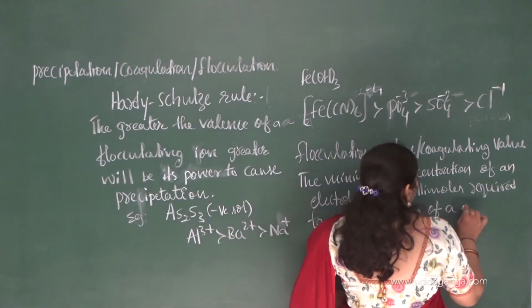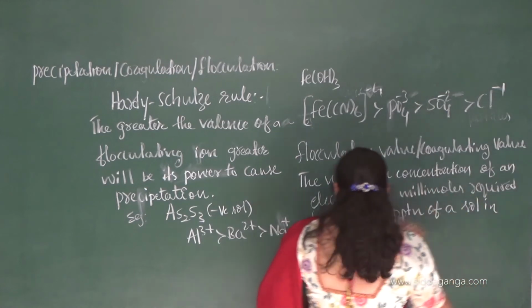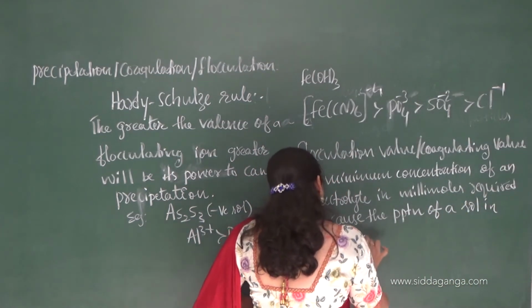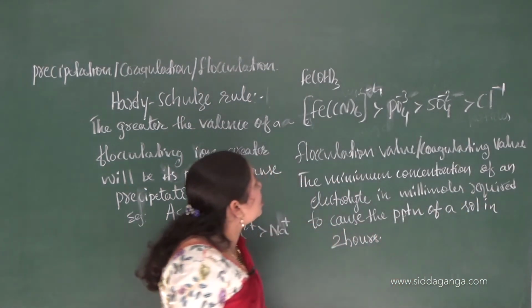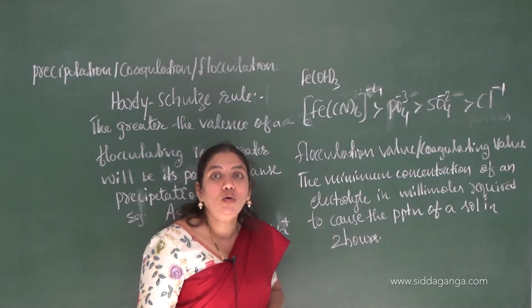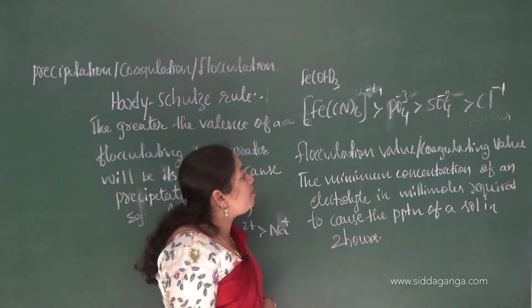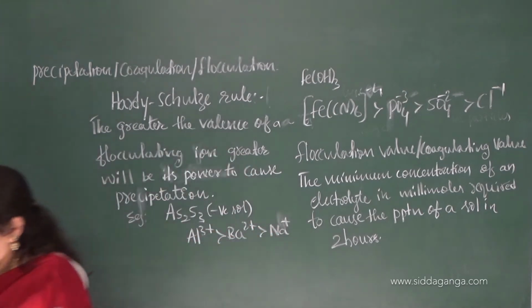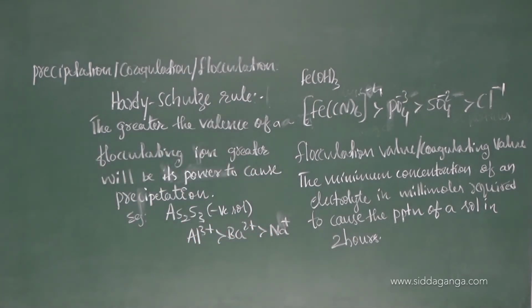Precipitation of a sol in 2 hours is called what? Flocculation value, or we can say flocculation number.